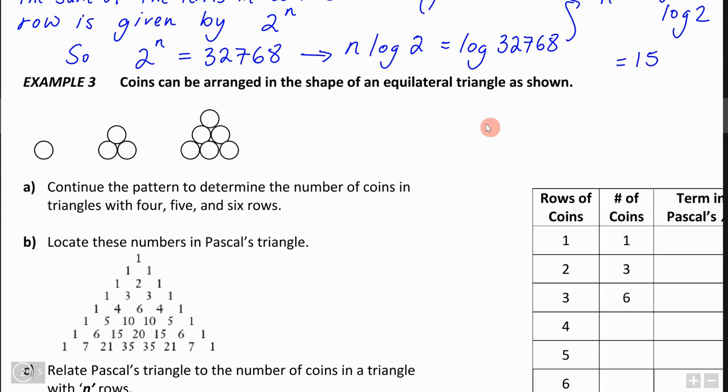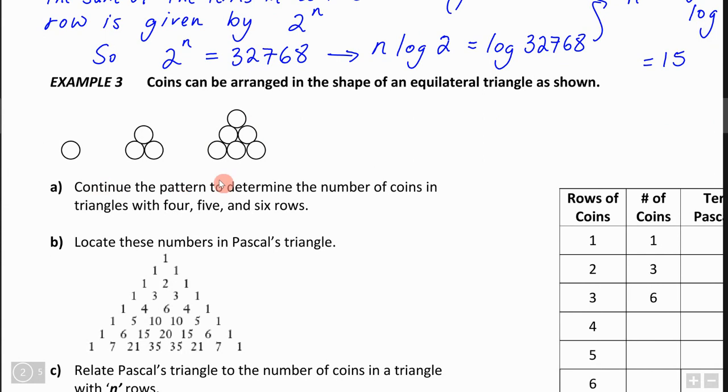Okay, example 3. Coins can be arranged in the shape of an equilateral triangle as shown. So I have these coins arranged as an equilateral triangle. Continue the pattern to determine the number of coins in triangles with 4, 5, and 6 rows. So here I have one row, and I just have one coin.